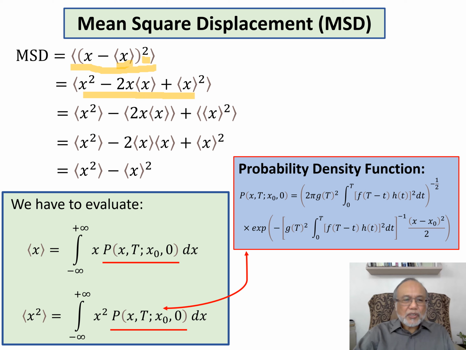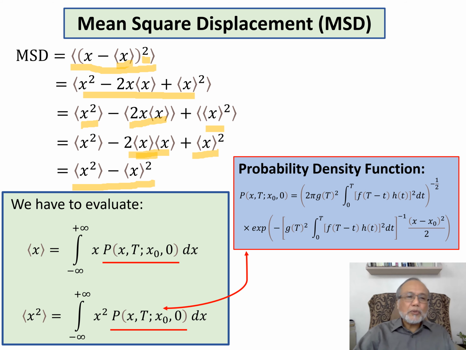So the mean of the first term is this one, then the mean of the middle cross term, and the mean of the last term. In the middle term, the only fluctuating factor is x, so you have twice the mean of x and x. This middle term and the last term subtract from each other, and your final expression is the mean of x squared minus the mean of x, squared.